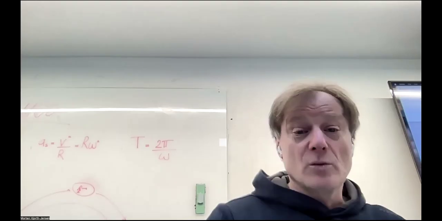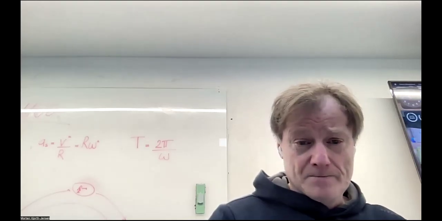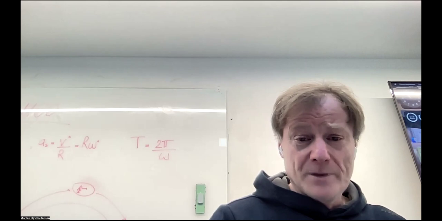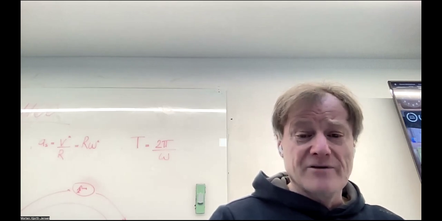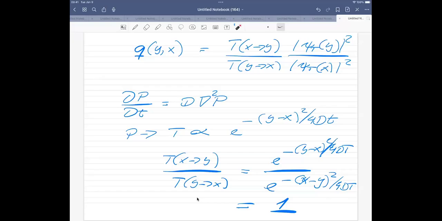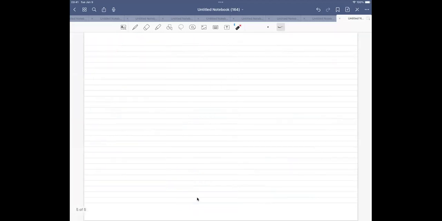So let's now go back to the whiteboard and remind ourselves about Fourier transforms and the diffusion equation and how these things actually pop up. If we simplify things, I'm going to change my notation a little bit.